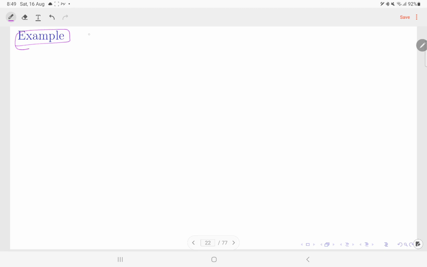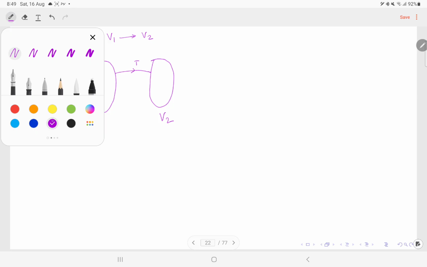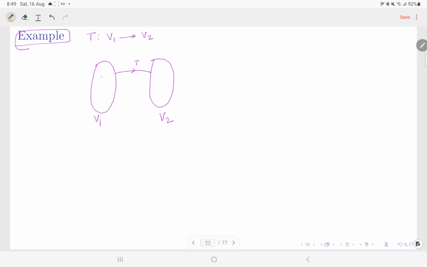Let the transformation function be from V1 to V2. Let this be your vector space V1, and this is your V2. The transformation is given as T. So what will be the kernel of T, or null of T? That means we are looking for a vector in vector space V1 which maps to 0 in V2.